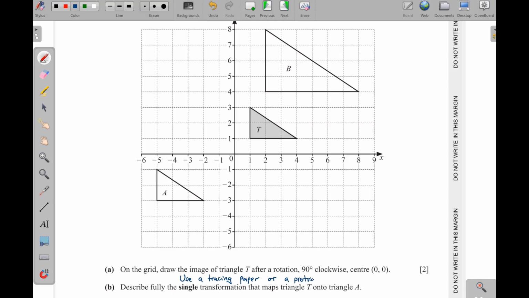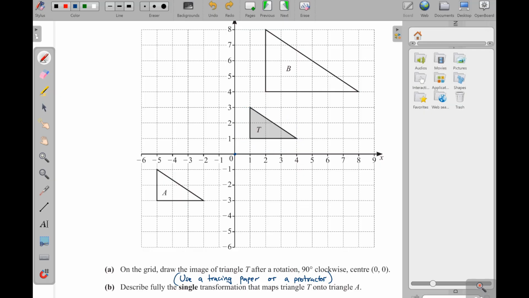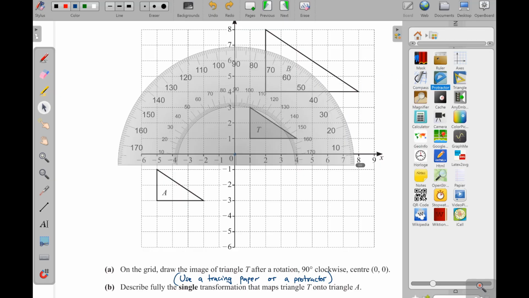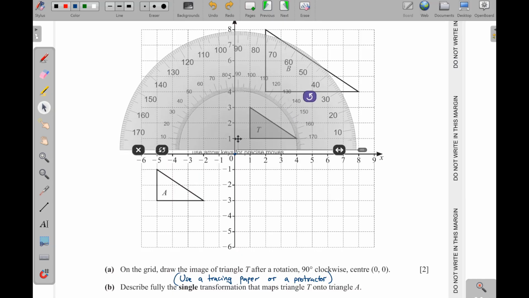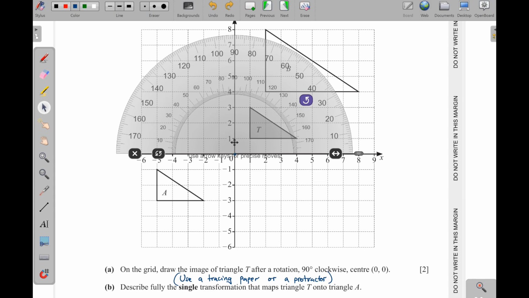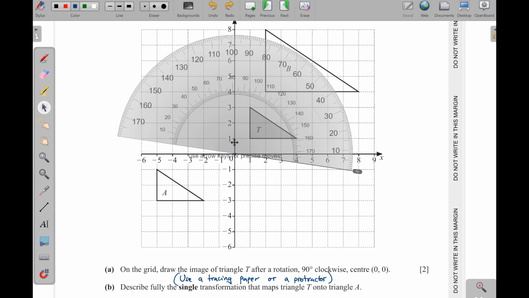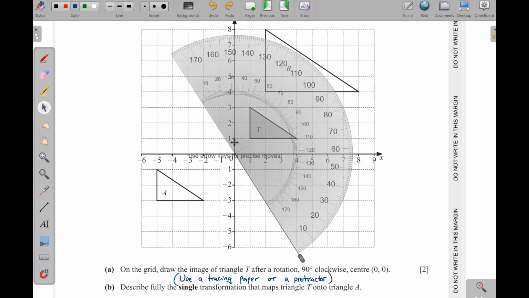Now since I don't have a tracing paper here, I'm going to use a protractor. So the center is 0, 0. Okay, so mark that point. Then I'll bring my protractor here. We are supposed to move clockwise. So clockwise has to be this way, not like that.